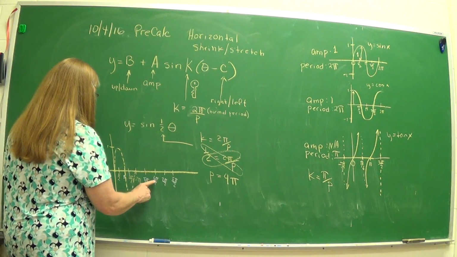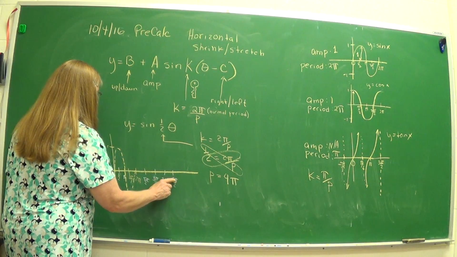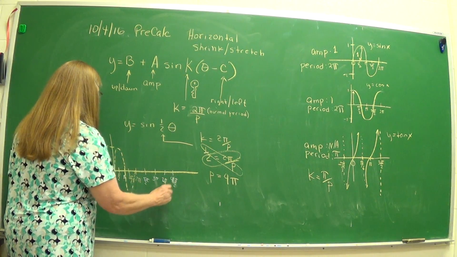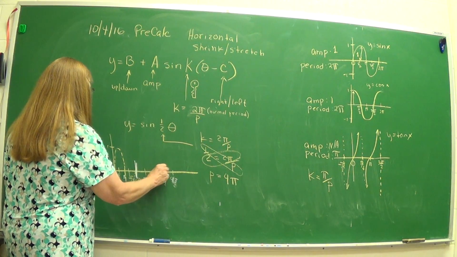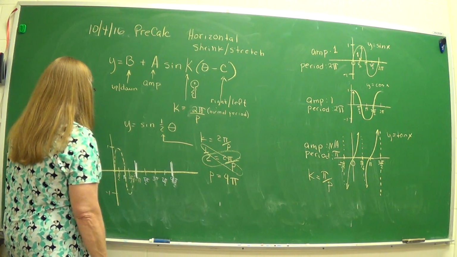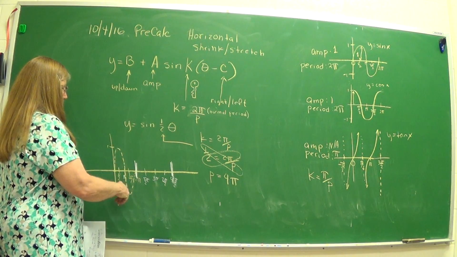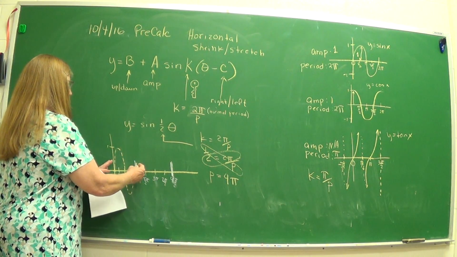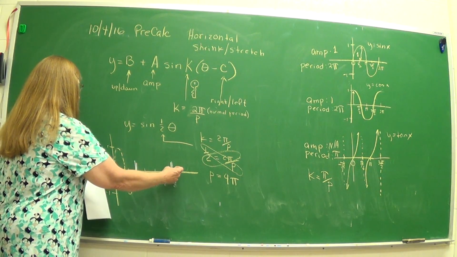Reducing, 6 over 2 is 3 pi, 8 over 2 is 4 pi. So if this was 2 pi, 4 tick marks later is 4 pi. I've got to stretch this whole curve out, one mountain and one valley. Instead of within 1 pi, it's within 2 pi. Within 2 pi, it's within 4 pi.